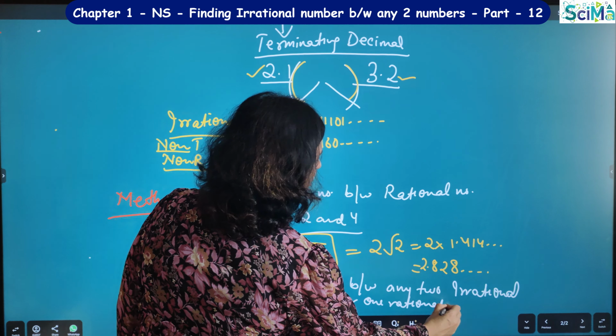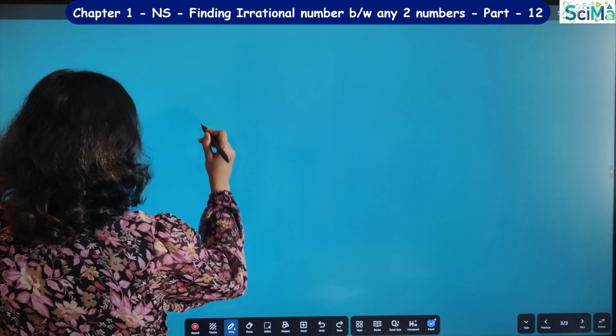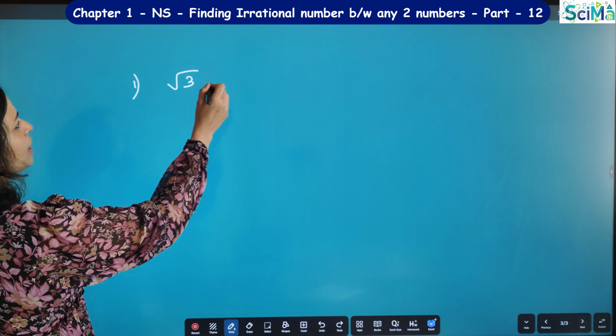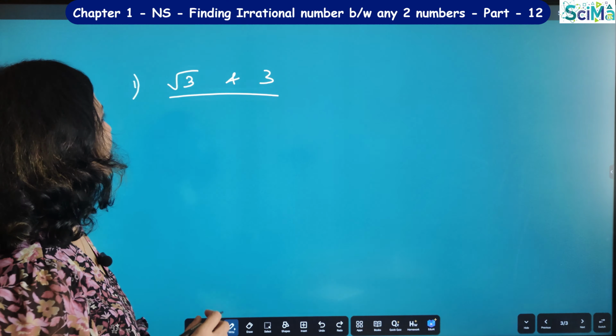In both the cases, I'll tell you how to do that. Suppose we have one number irrational and the other number rational. You have this question in your exercise also.